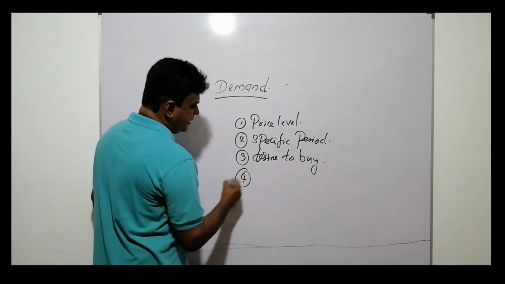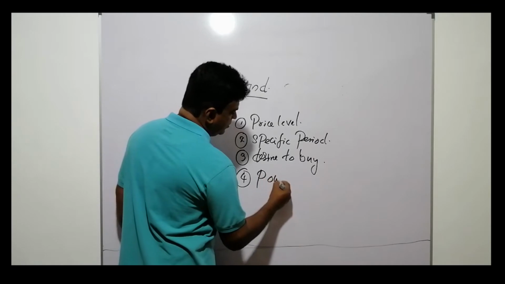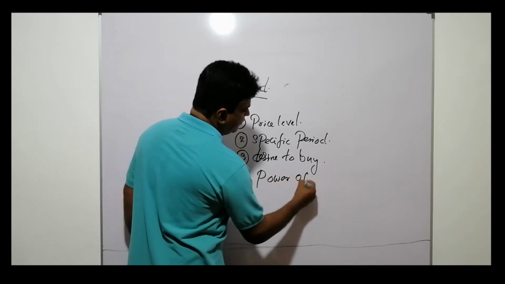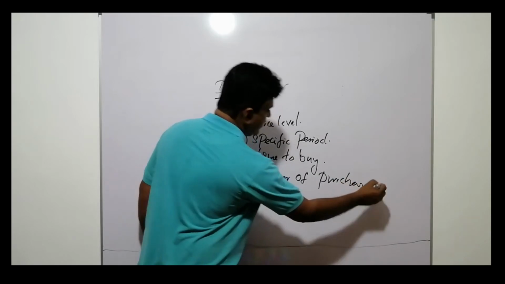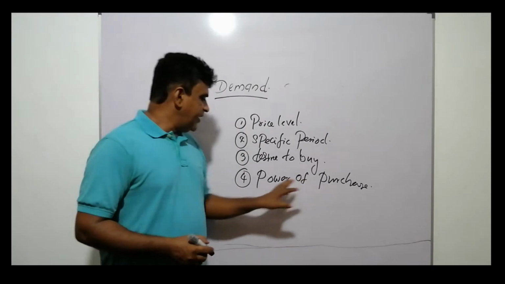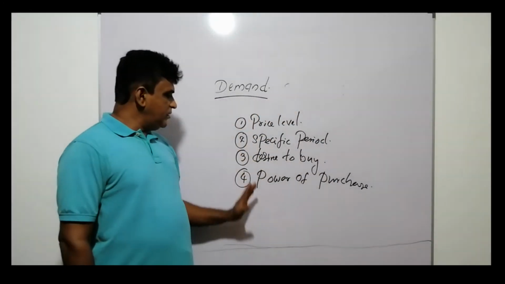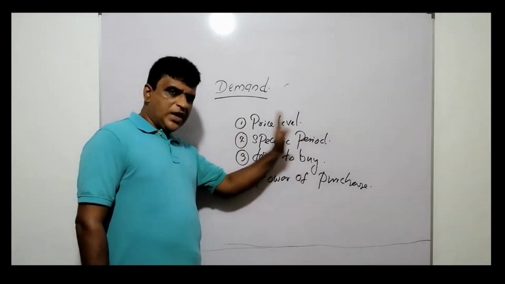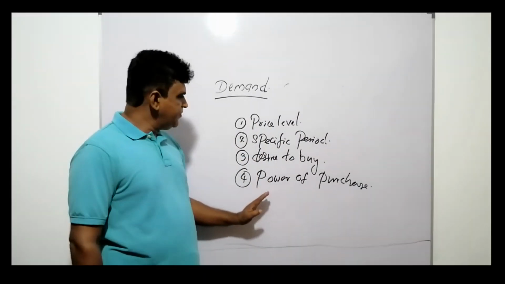And the other one is, these customers should have the power of purchase. That means they should have sufficient money to buy. Then we'll try to understand what is demand by considering all these facts.